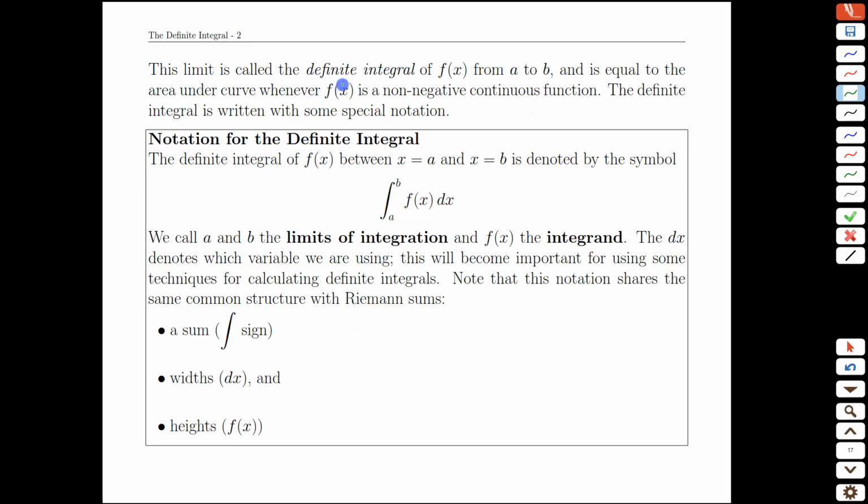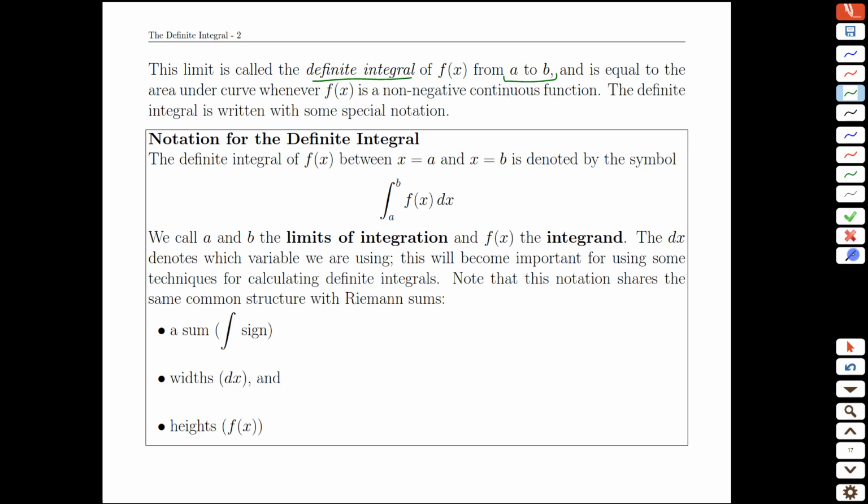So when we talk about that exact area, we're going to have a new name for that. It's going to be the definite integral of the function, and we have to specify where we start and where we end, and that's going to give us the area under the curve, with some caveats here about it being non-negative and continuous. We'll dive into that in a little bit.